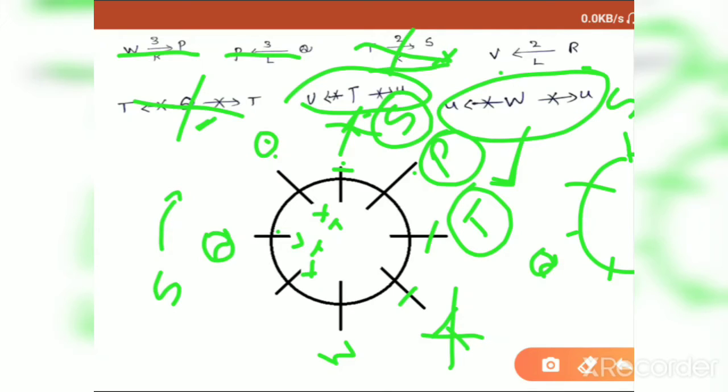U should not be neighbor of T. That means in this place U should not be present, and here already P is sitting, there is no possibility of U. And U should not be neighbor of W. W is here. U already should not be neighbor of T and W, and here also U should not be present. So here U should not be present, here U should not be present.